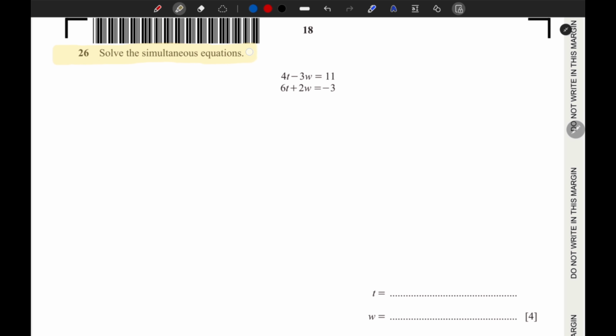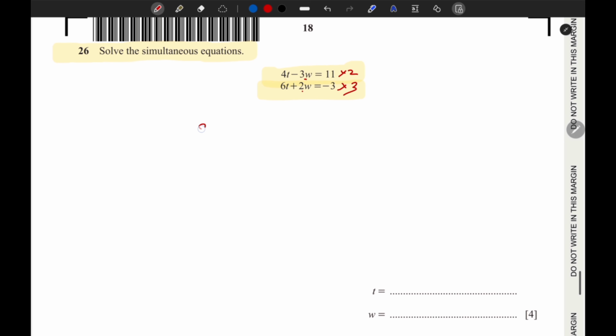Now question 26 is solve the simultaneous equations. They have given you two simultaneous equations. You can solve simultaneous equations either by substitution or by elimination. Over here we can do the elimination method. As you can see, they have opposite signs. The LCM is 6, so multiply this equation by 2 and this equation by 3, then I'll add them and eliminate the w.